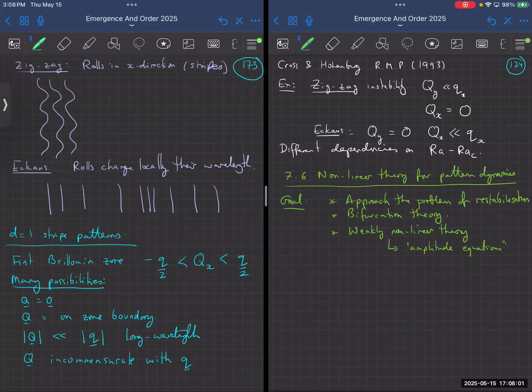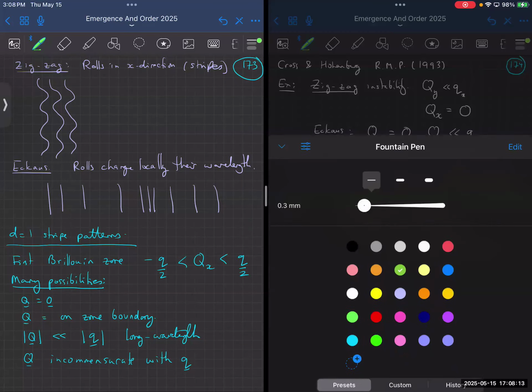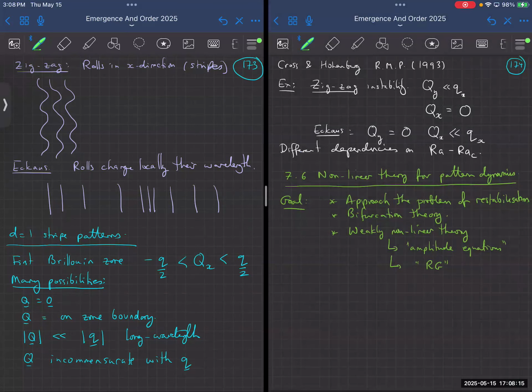It's a pretty good way to do things, but there's another way based on the renormalization group, and the reference for this would be my own paper from 1996. Actually, where is it? Phys. Rev. E.